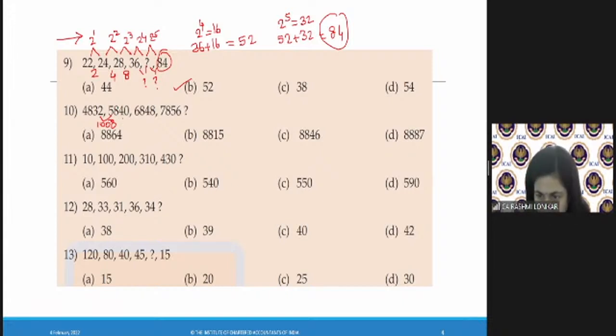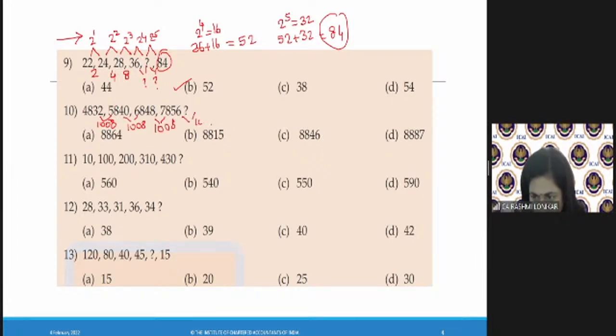Difference is again 1008. See, so that is why I'm telling you that when there are huge numbers, you may get afraid, you know. इतना बड़ा number है, calculate करने में time लगेगा. But from here you can see the difference is coming as same. This is 7856 minus 6848. Difference is 1008.